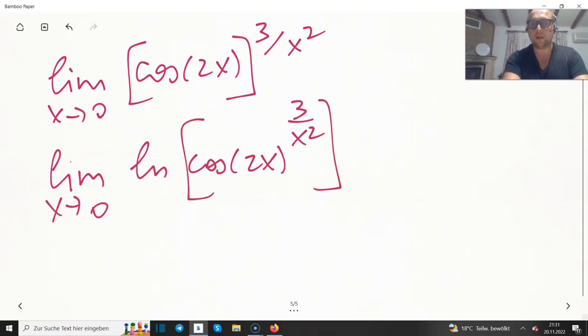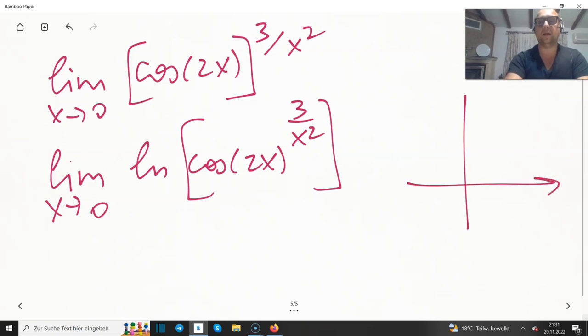As you remember, a logarithmical function is a monotonic function, so we are not changing anything, especially to the base of e. To the base of a value which is between 0 and 1, we could be changing something, but the logarithm in this case is just increasing and we are not changing anything.